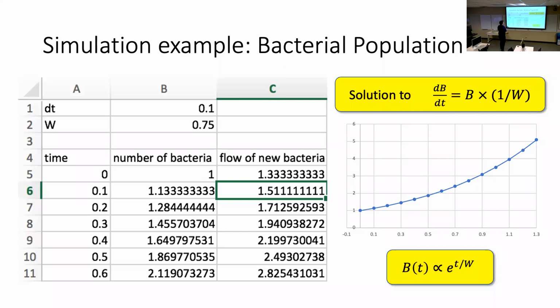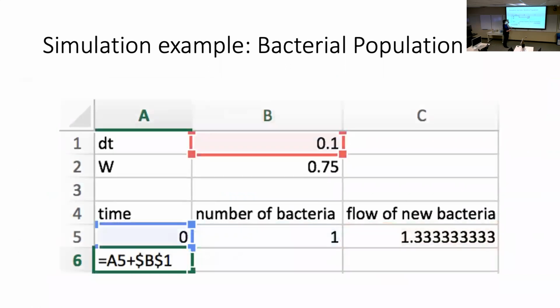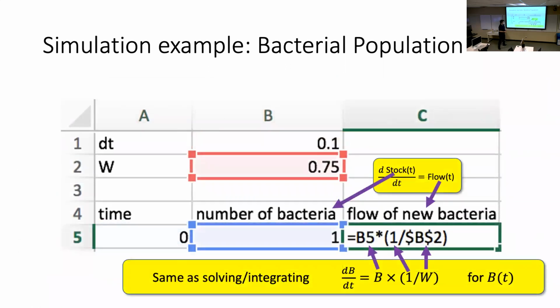So the flow of new bacteria, if I go back to that formula here, we have to say, going backwards from the end towards the beginning, for this dB dt, B is the number of bacteria at any time.